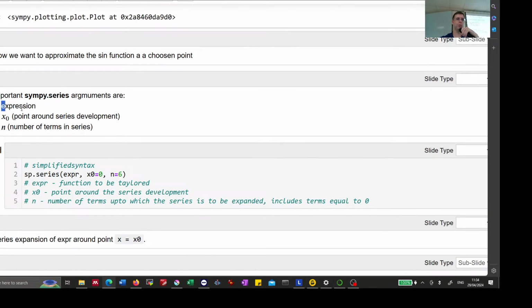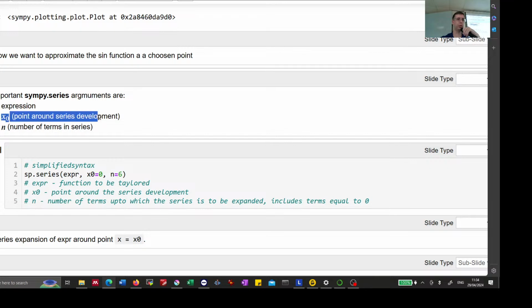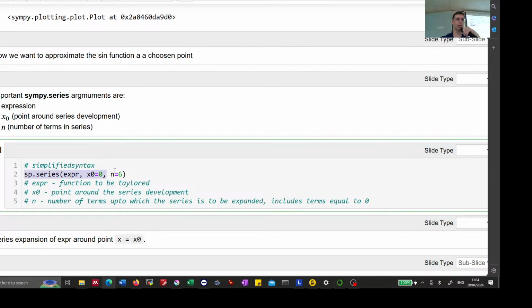SymPy series. So we need to provide it with an expression that we want to Taylor expand, the point of interest, and how many terms. So here is a simplified syntax, right? Expression, the standard point x0 is at 0, and the standard value for the number of terms we want to do the expansion is 6.